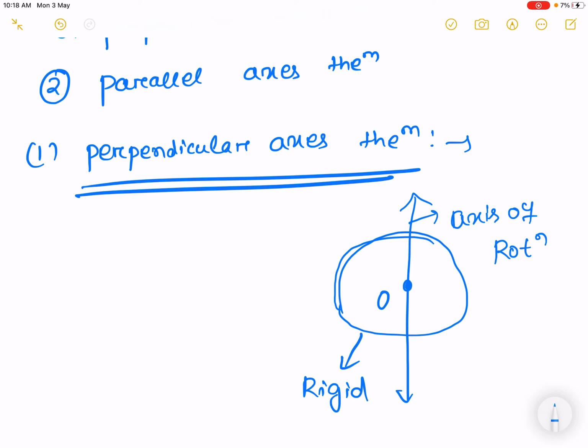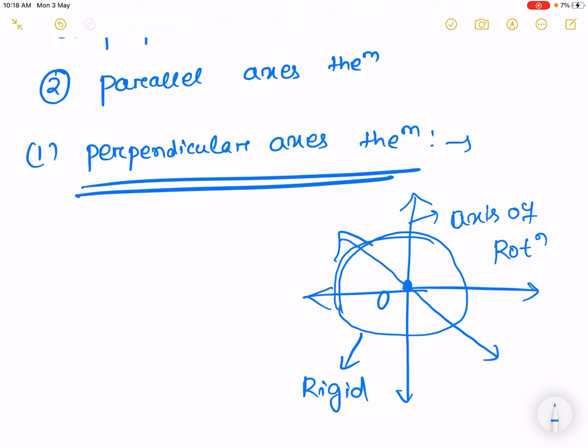According to the perpendicular axis theorem, the moment of inertia of a rigid body about an axis passing through its center and perpendicular to its plane is equal to the sum of the moments of inertia about the other two axes passing through its center, both lying in the plane of the rigid body, and all three axes intersecting at one point.